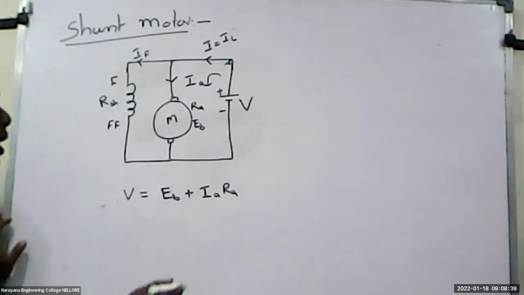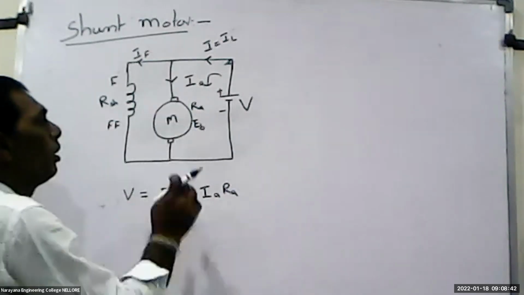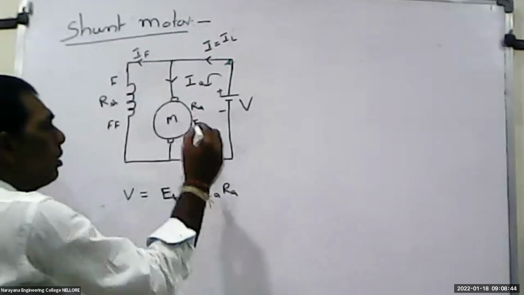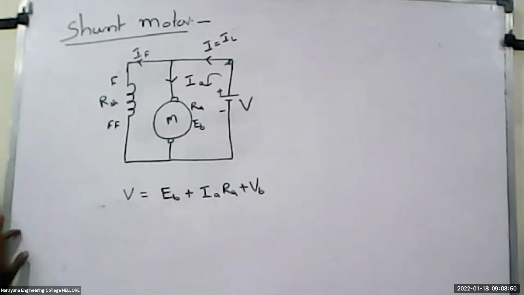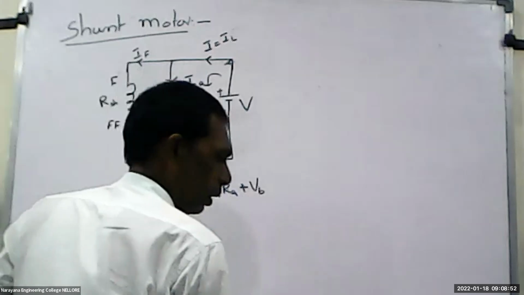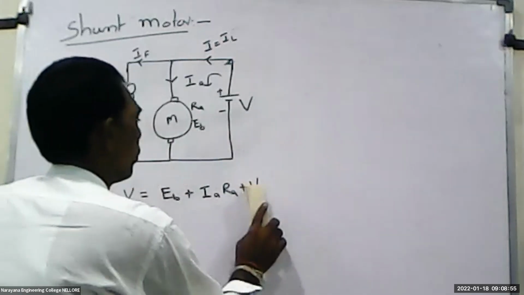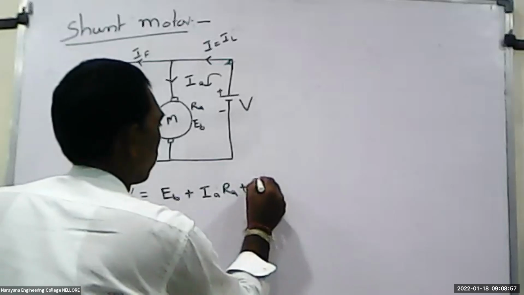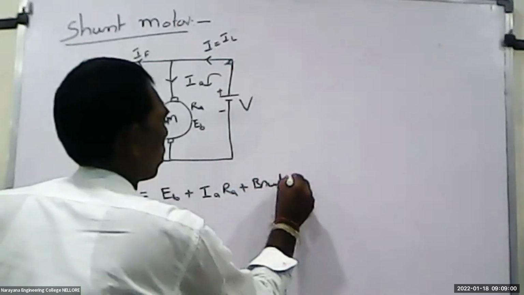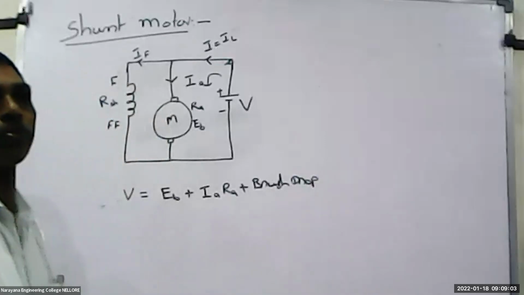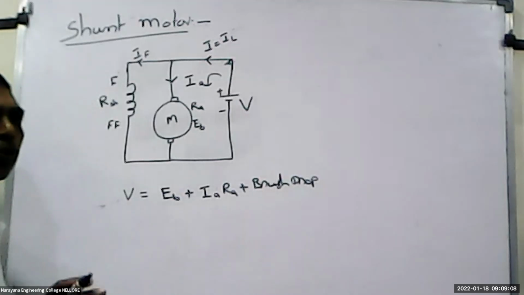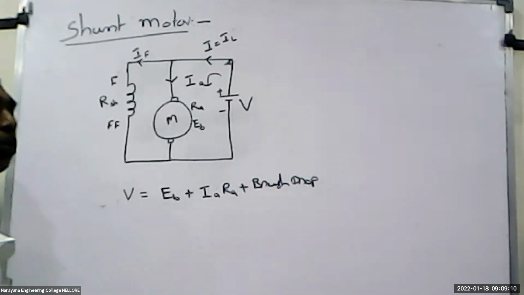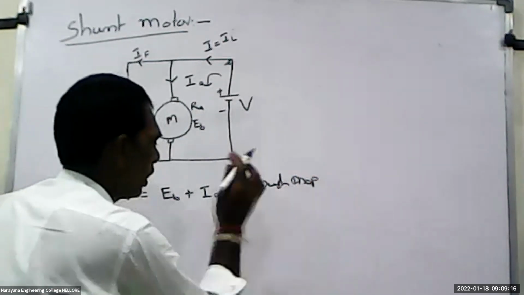And I have to assume another one, the drop across brushes, which is represented as brush drop. This is considered a negligible value, 1 volt or 2 volts, compared with 220 volts or 230 volts. So we consider this negligible.